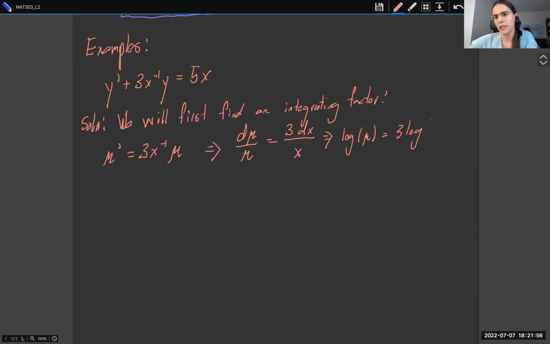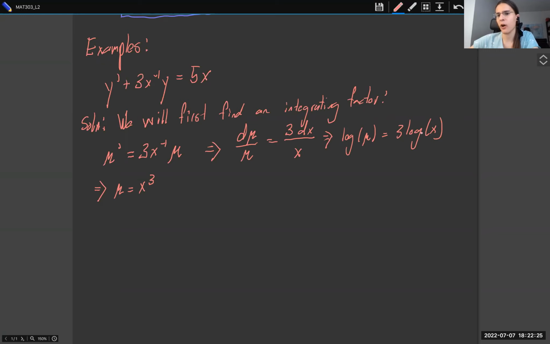And then when I exponentiate, what do I get? Mu equals e to the three x. Oh, oh no, mu equals x cubed. Exactly. So basically, when you have e to the 3 log x, the 3 can sort of go out on the outside.